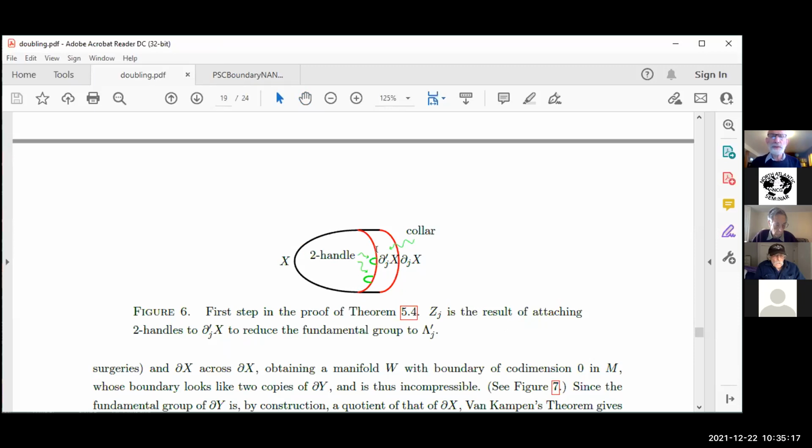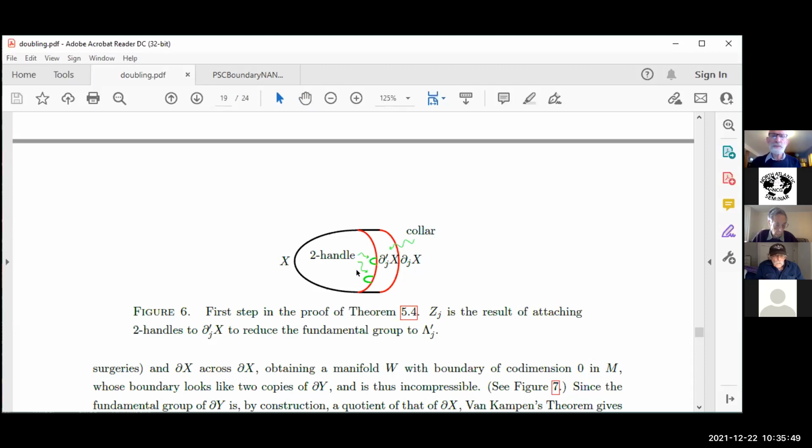And now this parallel copy may not have the same fundamental group as X itself, but you can do surgeries on this thing over here to reduce the fundamental group down so that the fundamental group here now injects into the fundamental group of X.